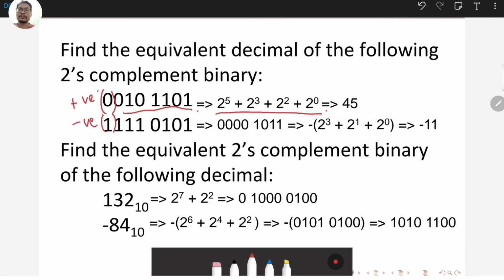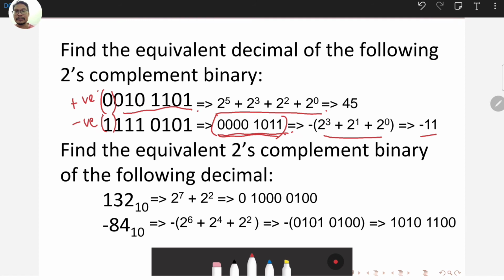We remember we have to flip every bit and then plus 1. We get a certain binary, and this is the magnitude of the negative number, which is simply negative 11.